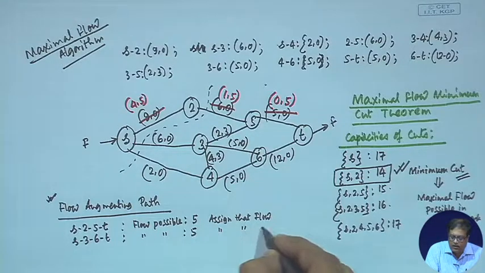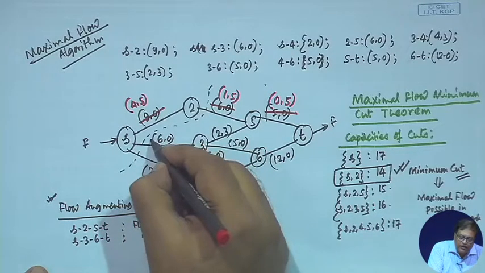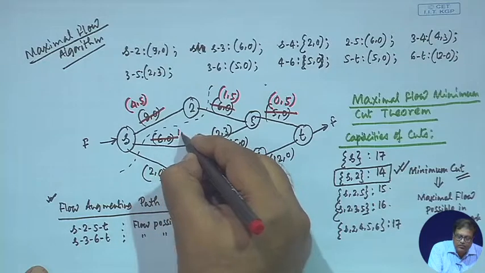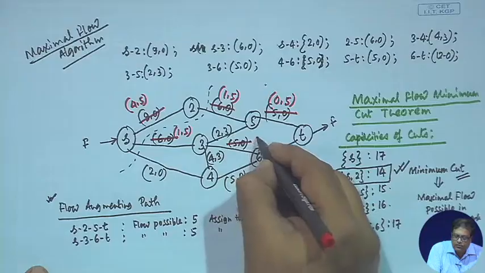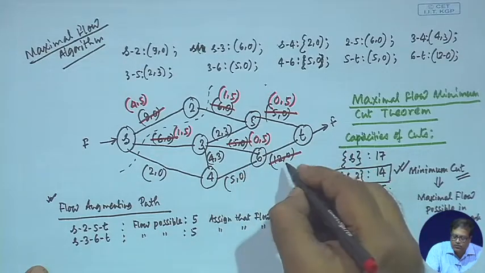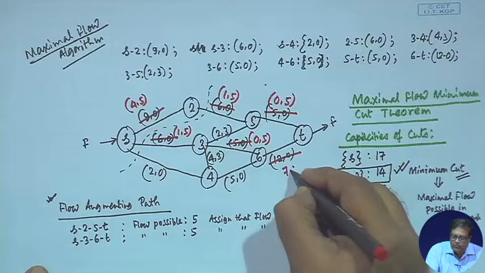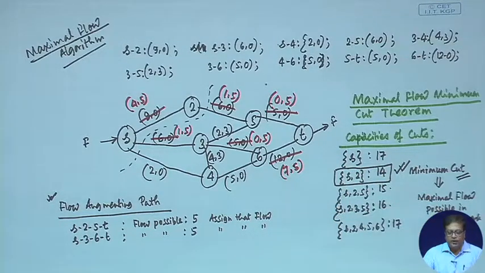So, again assign that flow. If you assign this flow 5 again, then we find this will revise to 1 5, this will revise to 0 5 and this will revise to 7 5, right. So, this flow is assigned.